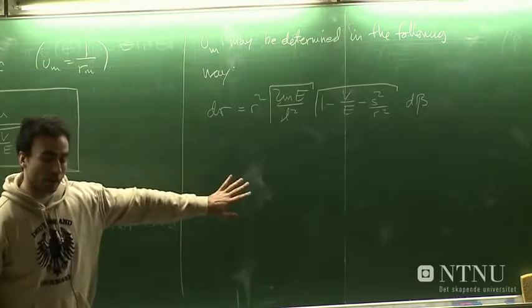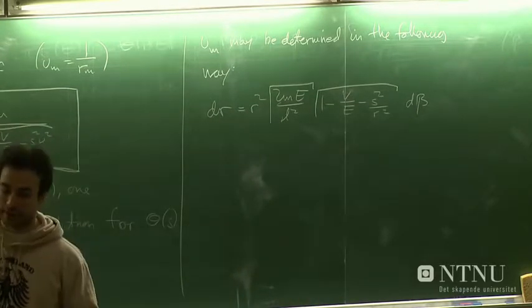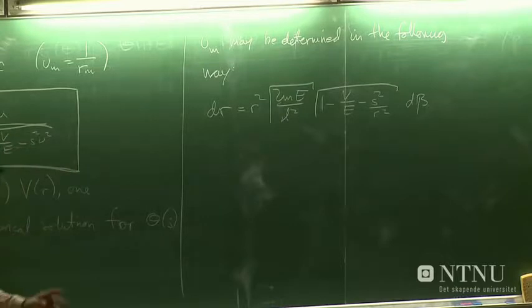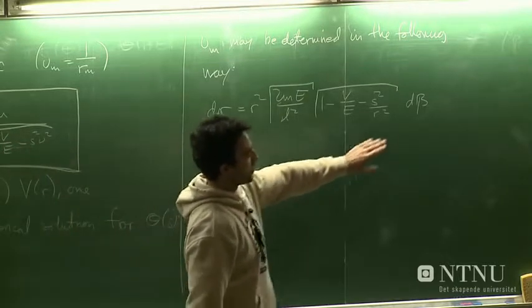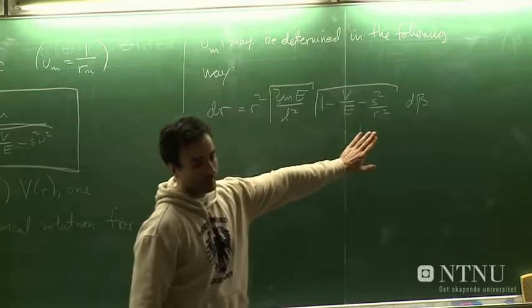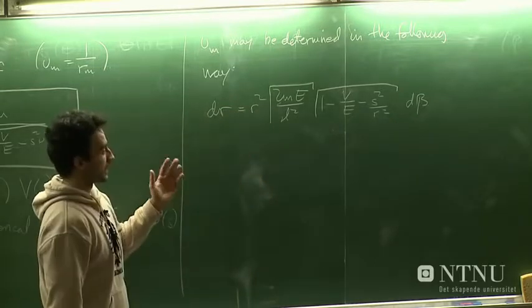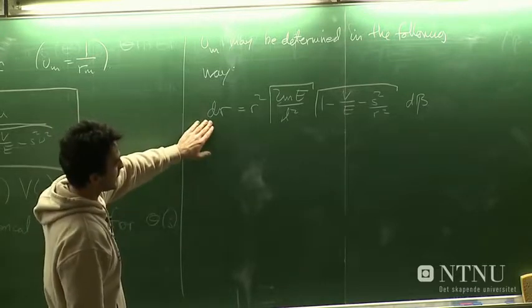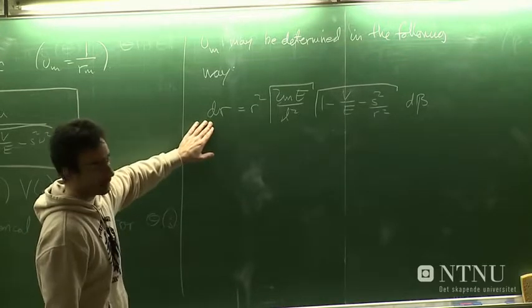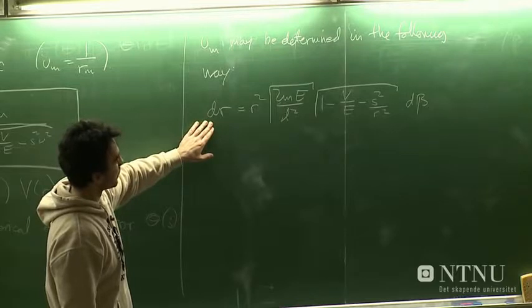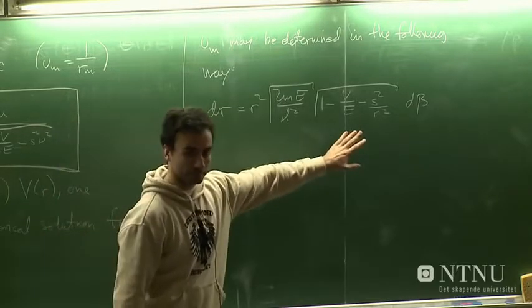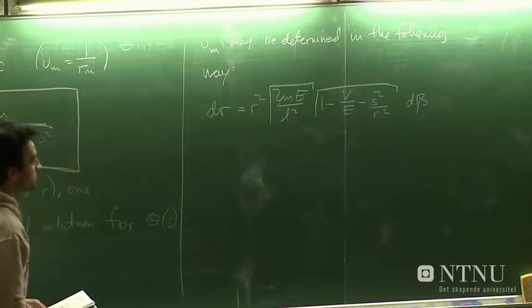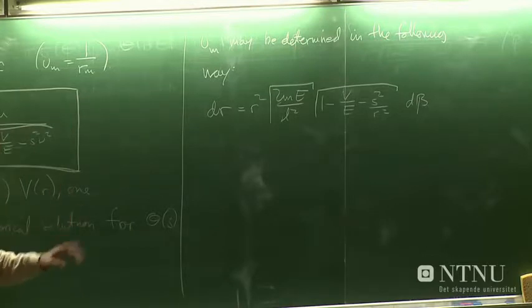If we take our equation of motion, which relates r to the angle of the trajectory, we obtain the following differential equation. So if you derive r of beta with respect to beta, you get this. So this is the equation we started with.